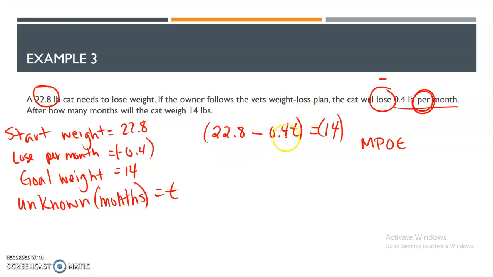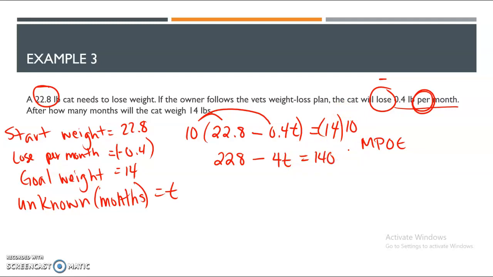So since I only have one decimal in each of these, I'm just going to multiply by 10. And I've got to multiply both sides by 10. So I'm going to do 10 times 22.8, which will give me 228, minus, and then, because I'm going to distribute this, I'm going to take 10 times 0.4, which will make this 4t, equals, and then 14 times 10 is 140.